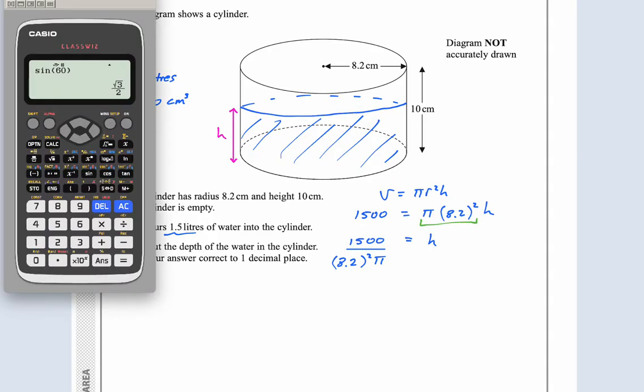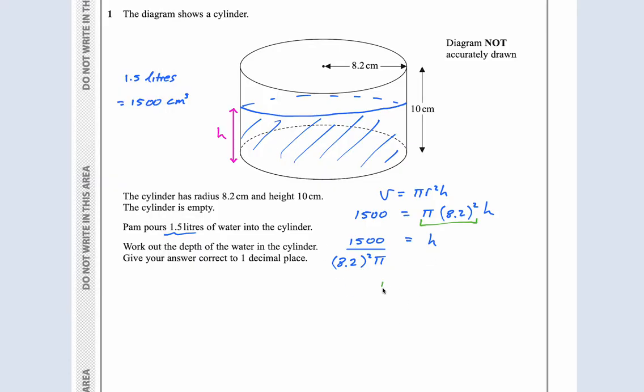This, guys, I'll just do with a calculator. So it's 1,500 divided by 8.2 squared times pi, and the pi button is here, guys. Use the pi button, and I get 7.1009. h equals 7.1009.